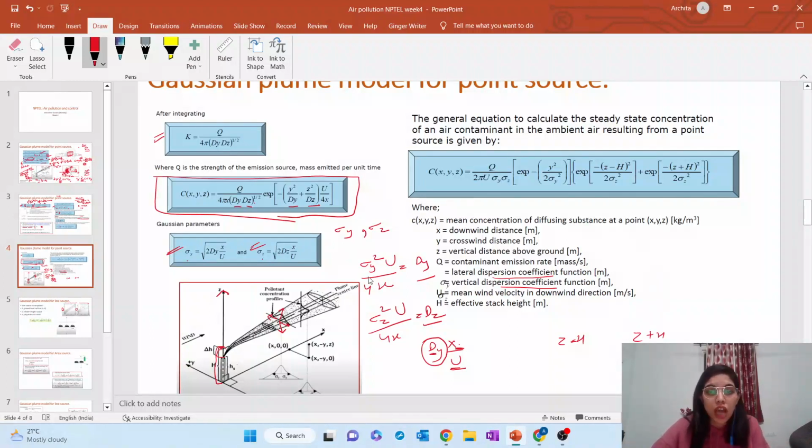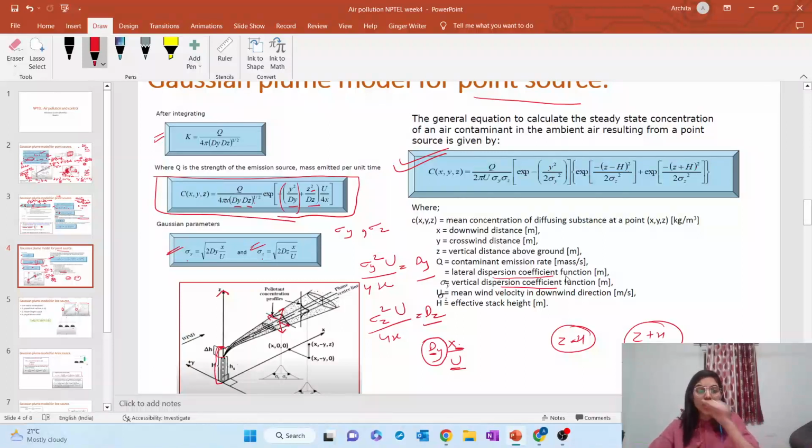So after solving for dy, dz, and z minus h and z plus h, they come to this equation, which is q upon 2 pi u sigma y sigma z. You take this y square by dy term out because we don't have any alternative to this, and for z square there will be two terms, one is minus h, another is plus h. Okay, and this will be the final equation to measure how the plume is behaving from a point source.